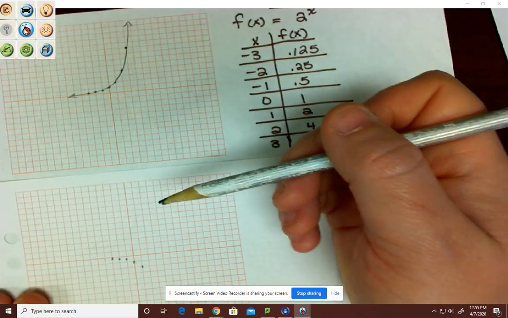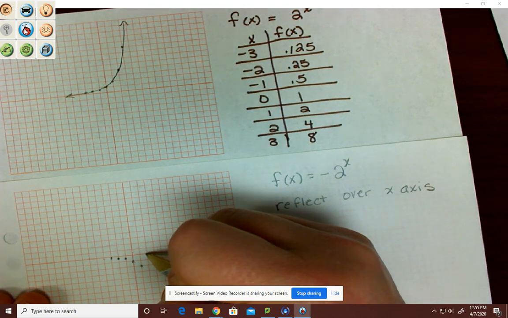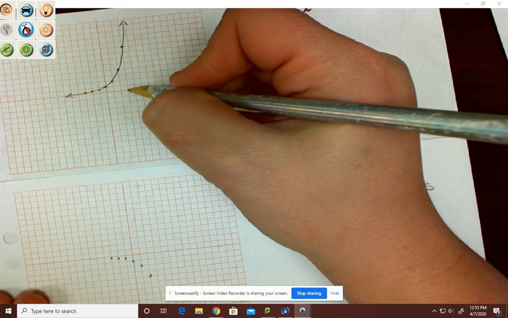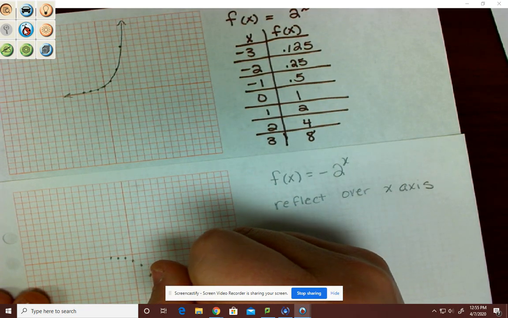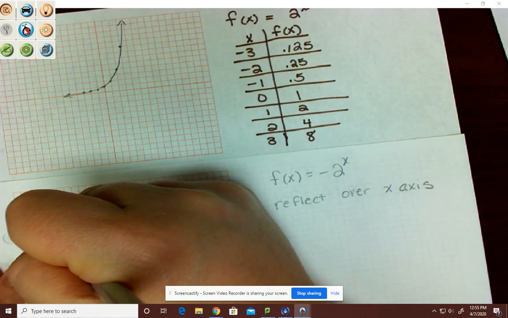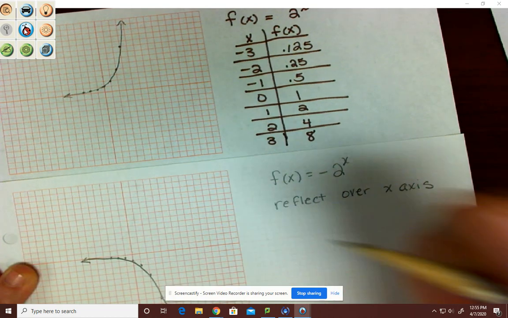So I'm just flipping those points over. This one that's at 2, 4 would be 2, negative 4. And so it's going to look like that.